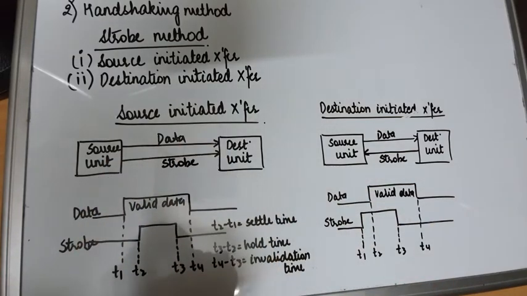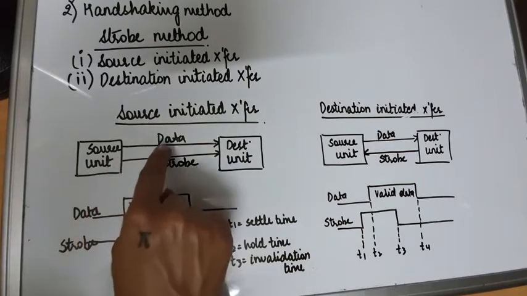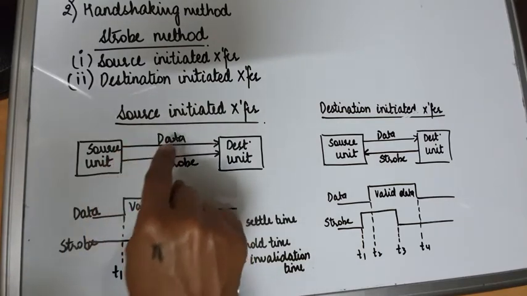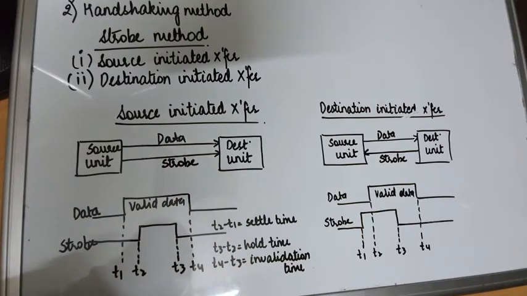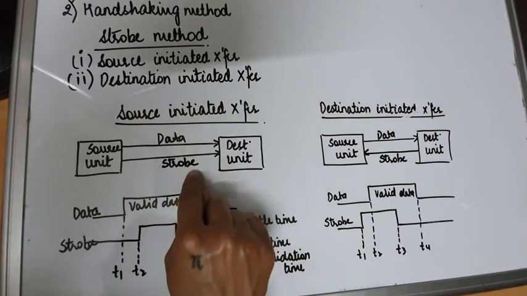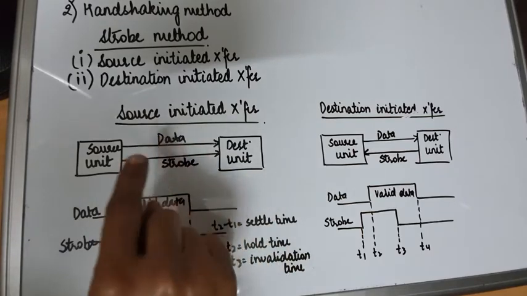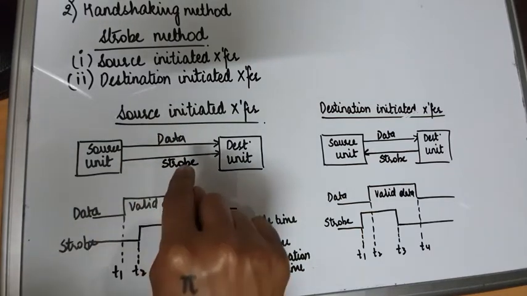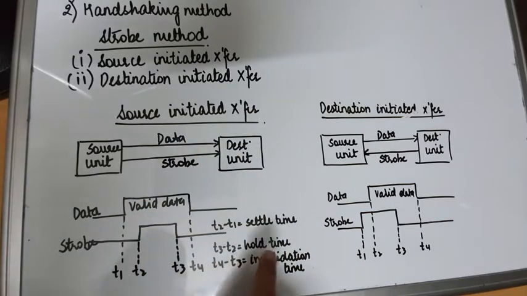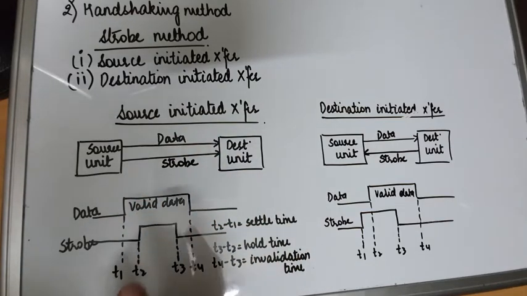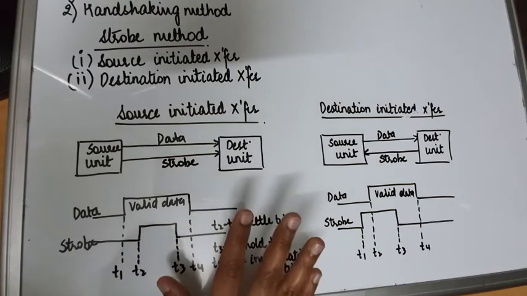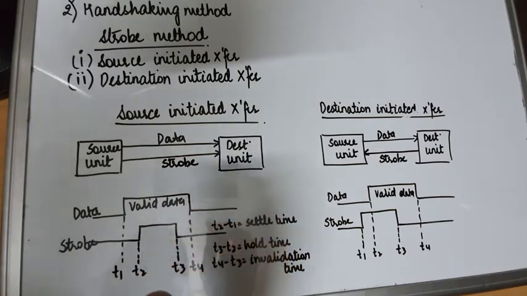During source initiated data transfer, the source unit puts data on the data bus, enables the strobe signal, and after some stipulated time, that is the hold time, it disables the strobe signal. It is not getting any signal from the destination unit whether it has received or read the data. So the source unit does not know whether the destination unit has received the correct data.